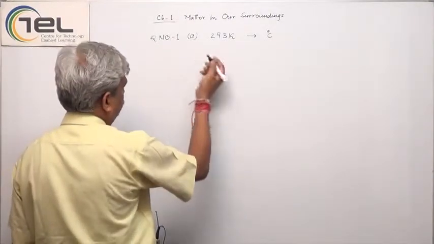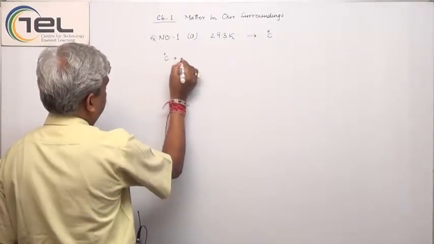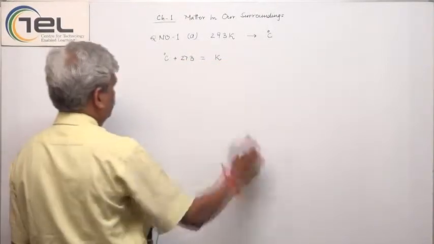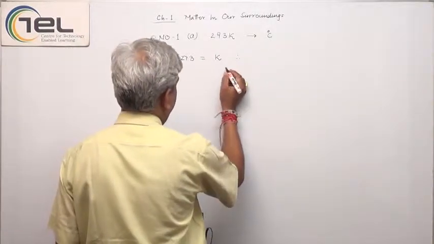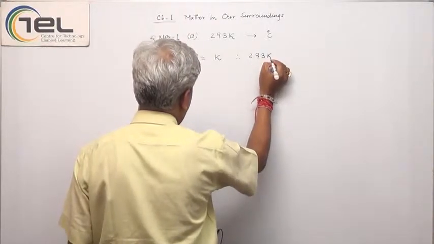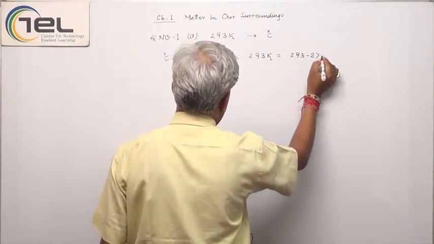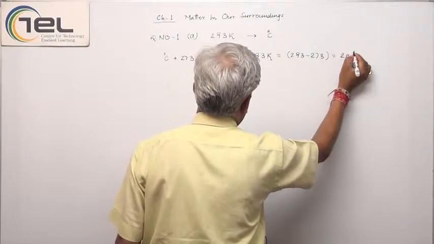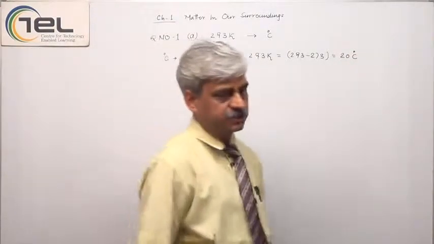You must know the relationship between these two: degree Celsius temperature plus 273 becomes Kelvin temperature, and therefore 293 K will be equal to 293 minus 273, that is equal to 20 degrees Celsius. So the first answer is 20 degrees Celsius.